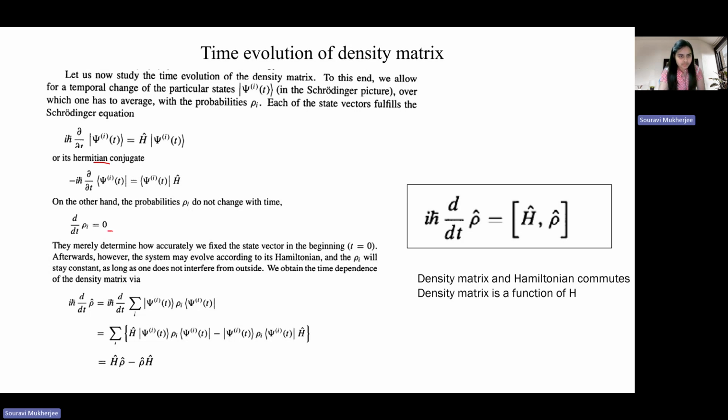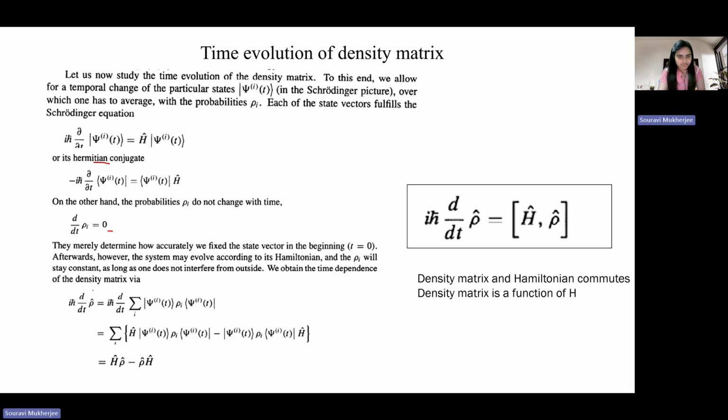These merely determine how accurately we have fixed the state vector at the starting point t equal to 0. And afterwards, the system is actually evolving according to the Hamiltonian. So p_i will stay constant as long as there is some relation with the Hamiltonian, right? So you say that d/dt of p_i goes to 0.